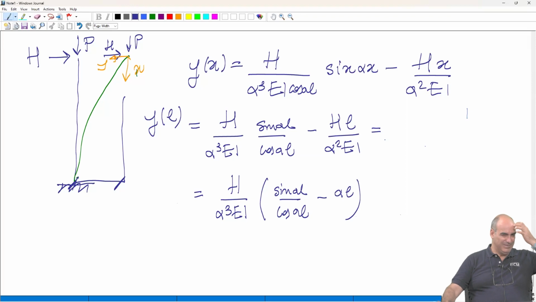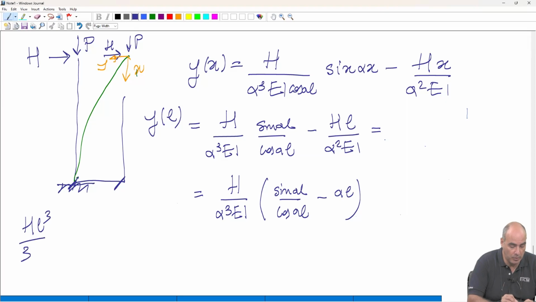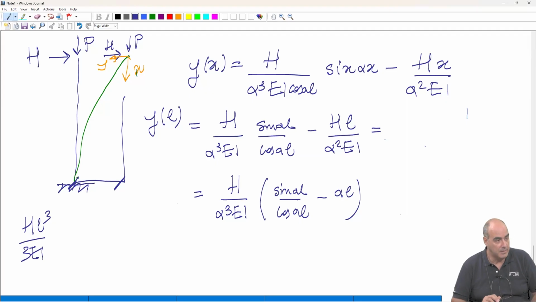Well, it's a little bit hard to compare this formula with what we said before, that was h L cube over 3 ej. Am I right? But look, if I multiply and divide by L cube, nothing changes, correct?